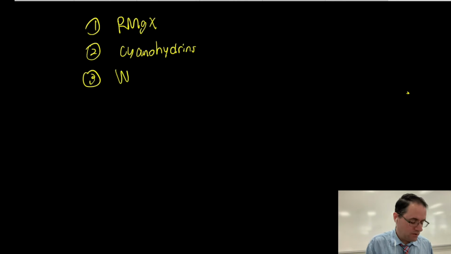Okay, we are still in section 20.10. We've talked about Grignards and how they can make secondary and tertiary alcohols. We've talked about cyanohydrins and how that's made from toxic cyanide and some kind of acid catalyst, okay? The third thing I forgot to mention that we need to talk about are the Wittig reagents.